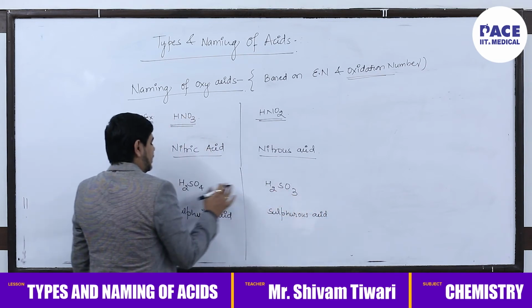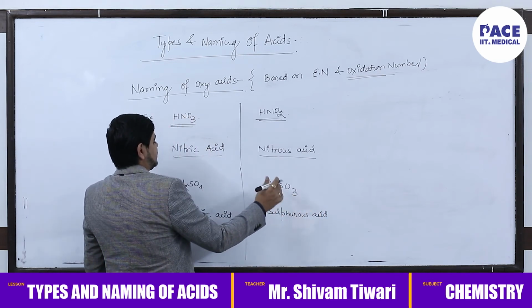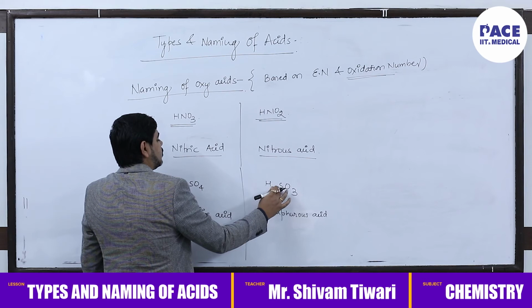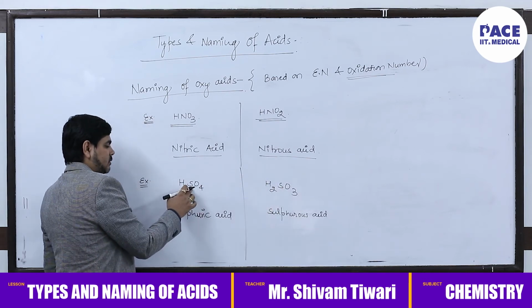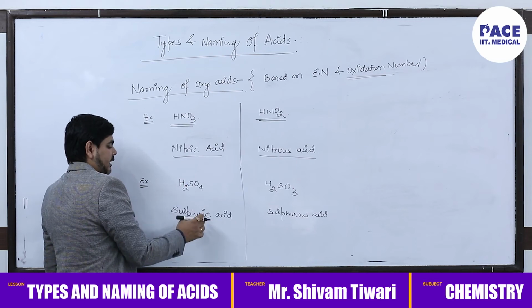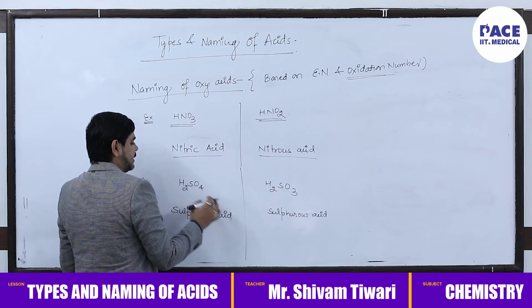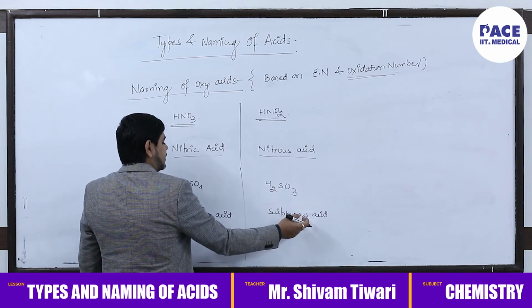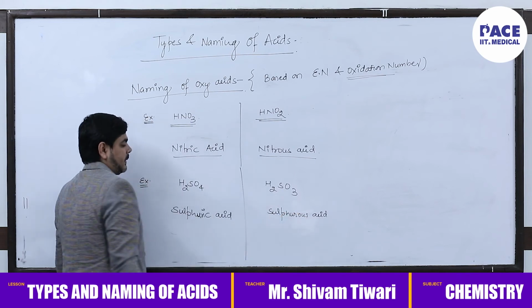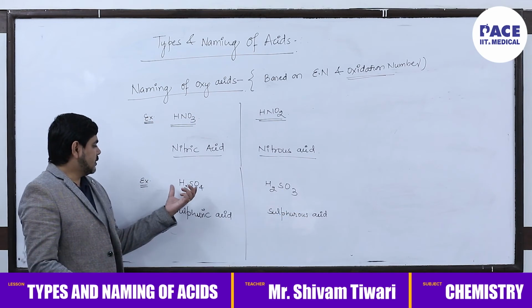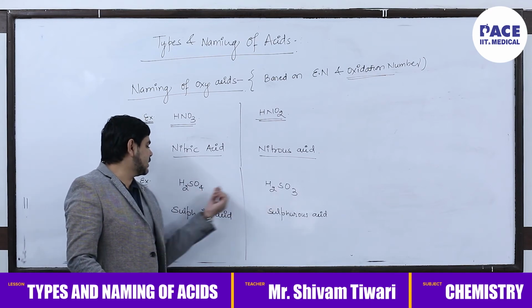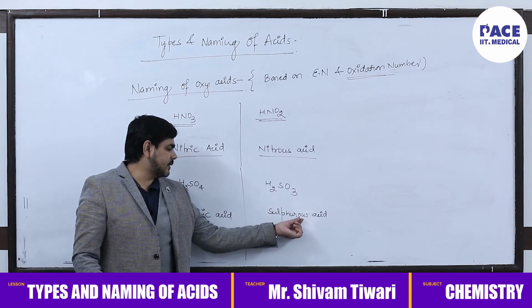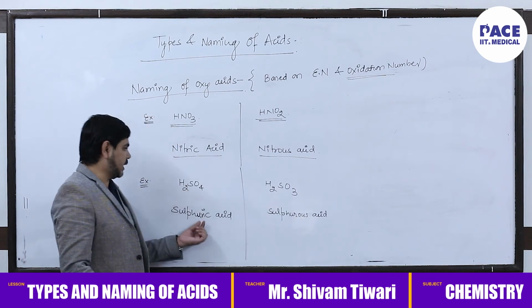The actual reason is based on oxidation state. The oxidation number for sulfur over here is plus 4, and the oxidation number for sulfur over here is plus 6. Because the oxidation number is increasing, the suffix changes from ous to ic. But for now you can consider according to oxygen. If the number of oxygen is increasing, the suffix is going to change from ous to ic.